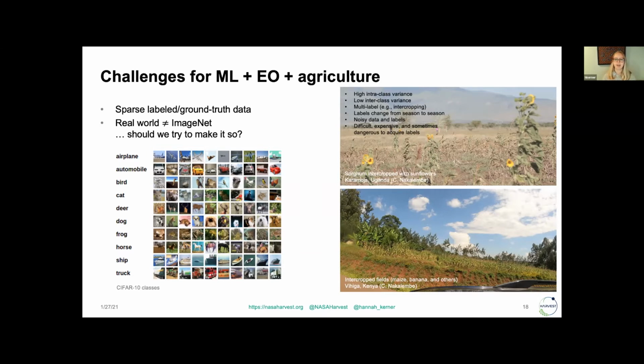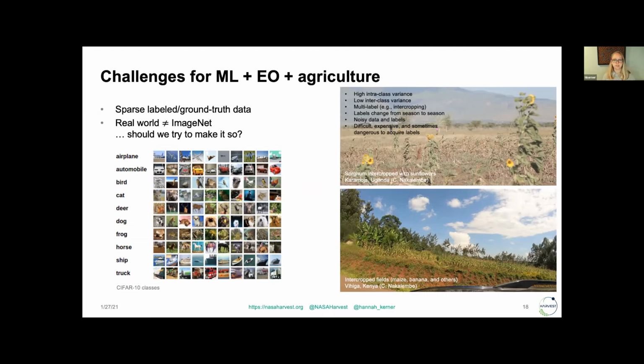Here in these examples, I'm showing some intercropped fields in Uganda and Kenya. Just this field alone probably has at least 3 crops growing in it on the bottom. Our labels are dynamic. A label might be maize one year, but the next year it's changed to some other crop type, or maybe it's not cropland anymore at all.